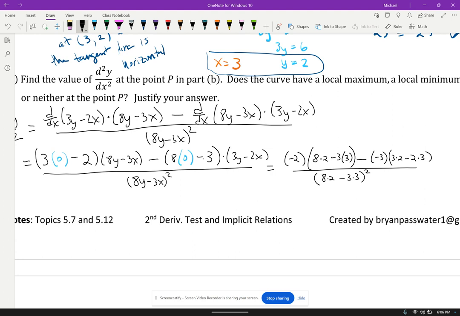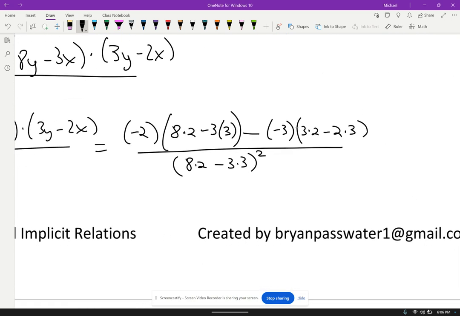So far, so good. What do we notice about this? What is 3 times 3 minus 2 times 3? The whole thing becomes 0. And 0 times negative 3 means this whole thing is going to be gone. And what's left here is the same thing as this, except the denominator is squared.